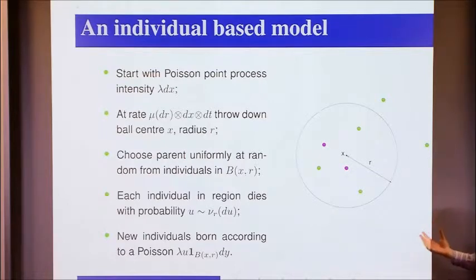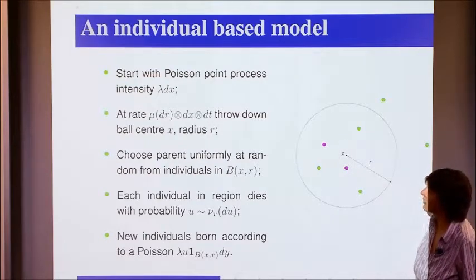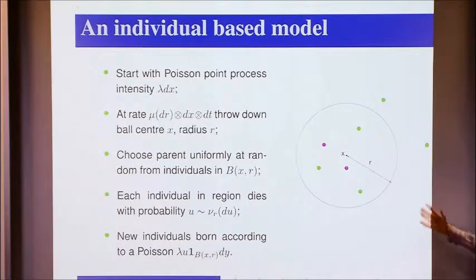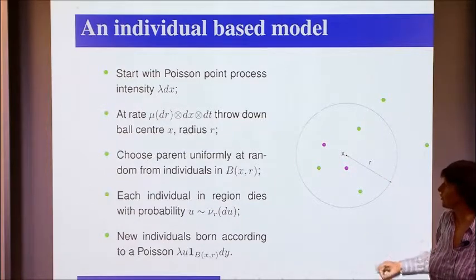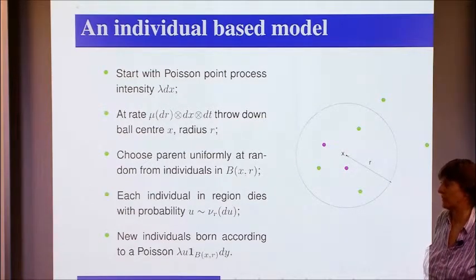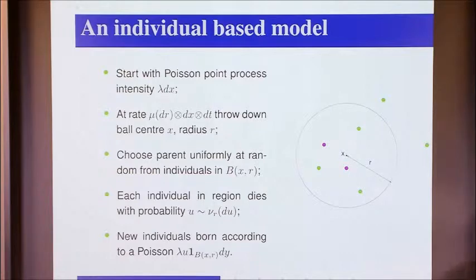So the genealogical trees for a moderate value of lambda, for example so that the average number of individuals in a ball would be about 5, are extraordinarily close to the genealogical trees that I get if I actually had an infinite intensity.